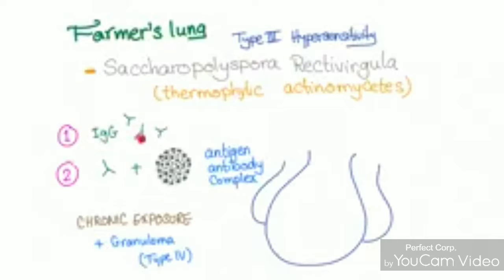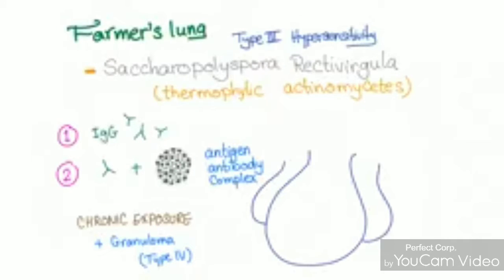On first exposure, IgG antibodies will form and circulate in the serum. Okay, IgG antibodies, that's fine. On the second exposure, this antibody will bind to the antigen, either from the mold or from hay, and form an antigen-antibody complex.